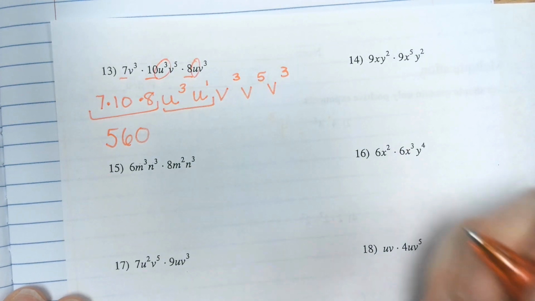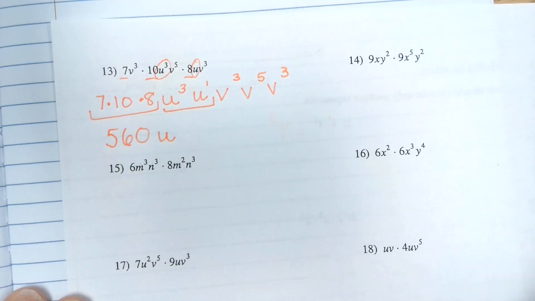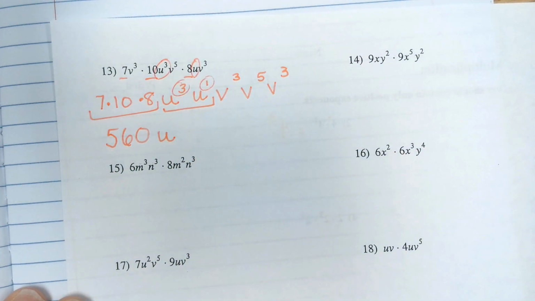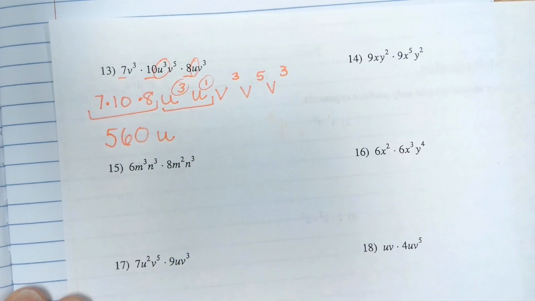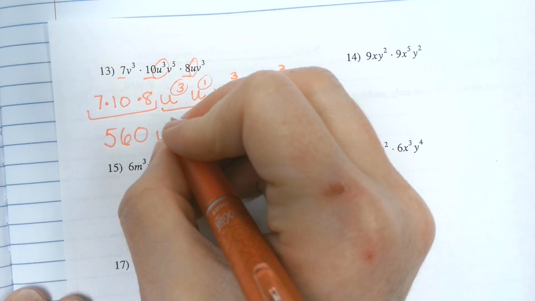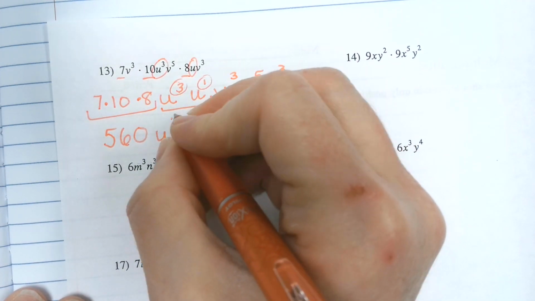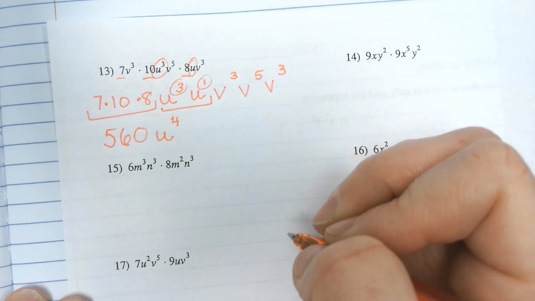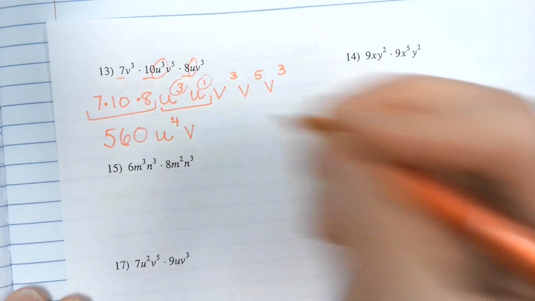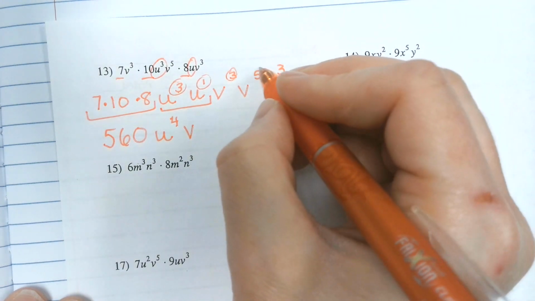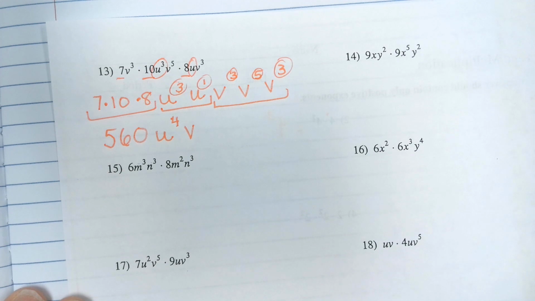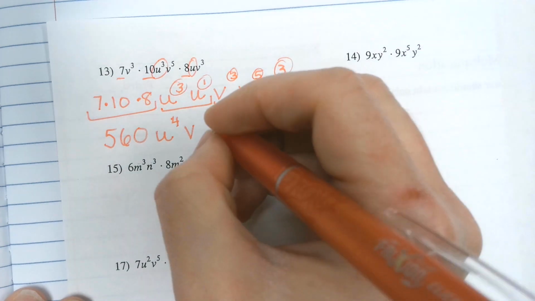What's this going to be? U to the... What exponent is it? 3 plus 1? 4, yeah. And then v. What's the exponent for v? 11, good.